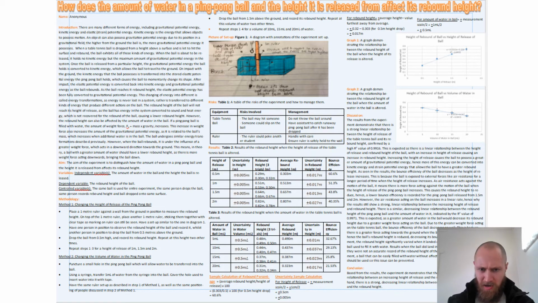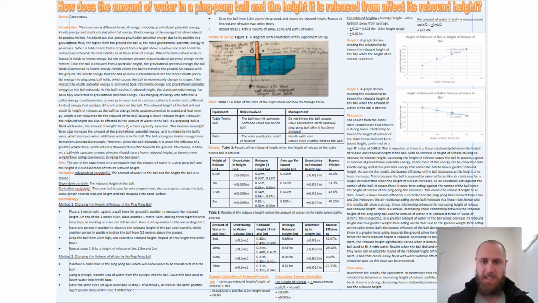There's a few different risks as well as ways to manage them. And then you've got a table of data which probably has more data than it needs to. It doesn't have to have all the data that you generate or data that you got from the experiment. So this one kind of went overboard, but you can see that there are uncertainties written on there, which is good. There's the table of data below that for the second part of the experiment.